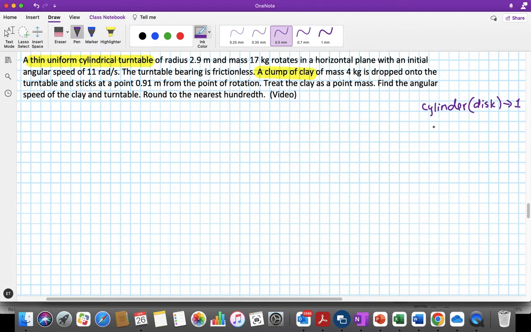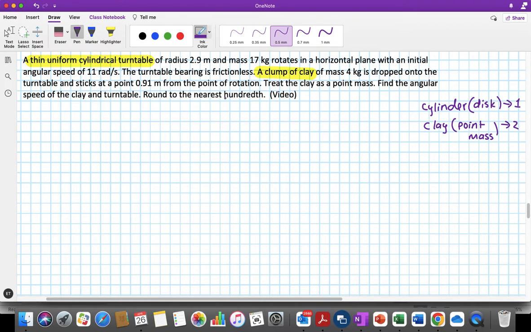And then anything having to do with the clay, which is a point mass, will have a 2. If this doesn't make sense yet, don't worry.